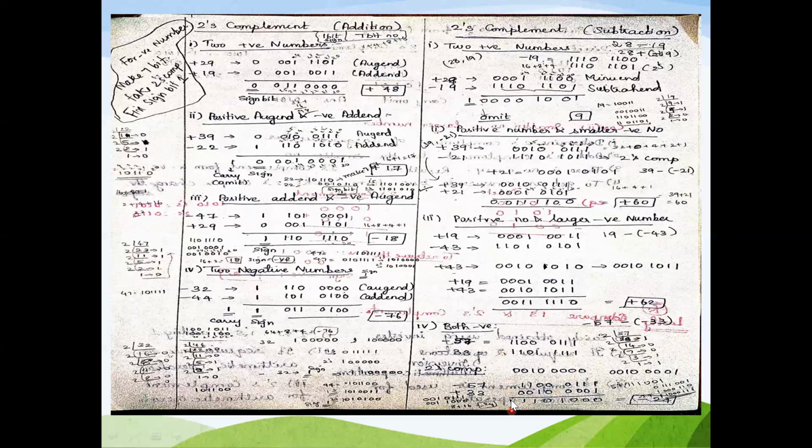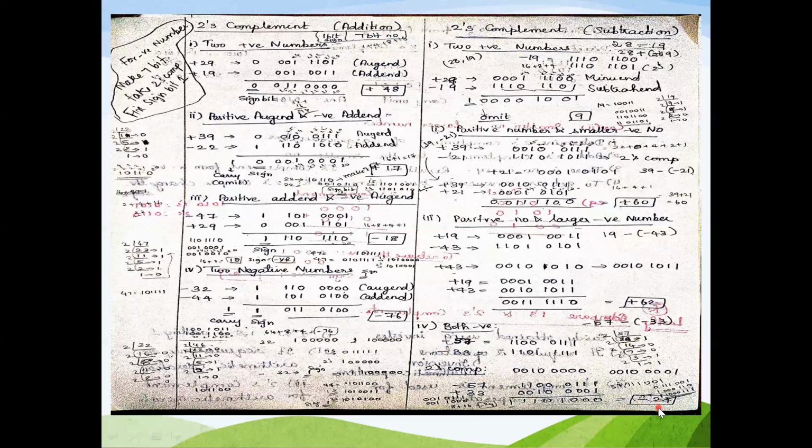When adding, the sign bit again comes out as 1. So for this I again take the 2's complement, work it out, and get the final result as minus 24. So minus 57 minus 33 gives the resultant value minus 24 using 2's complement subtraction.